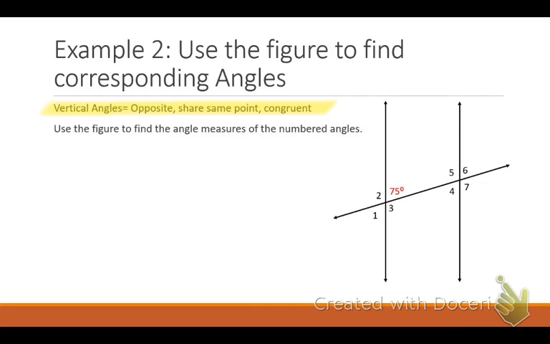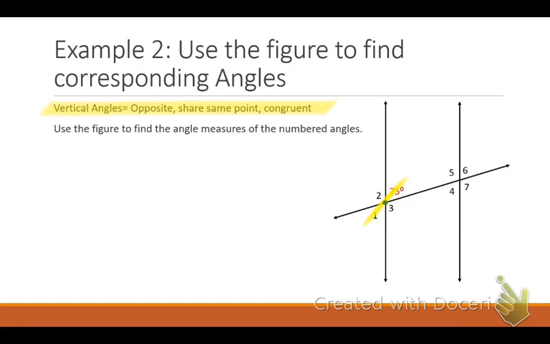We see a given angle measure, 75 degrees. Again, the given angle measure is my starting point. What this example wants us to look at is the angle measure that is completely opposite the given angle measure. It shares a common point.